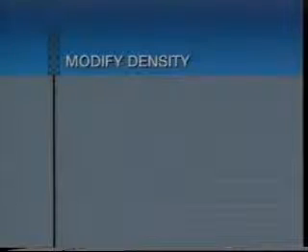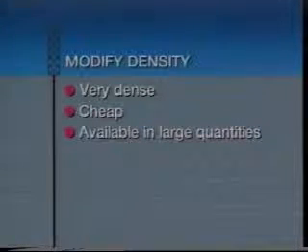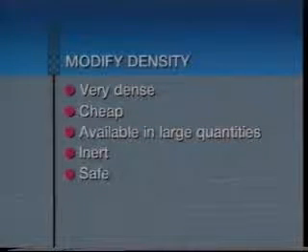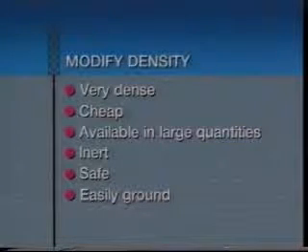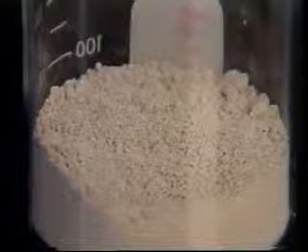Any substance denser than water itself may be added to increase fluid density. However, the ideal density modifier should be very dense, cheap, available in large quantities, inert and environmentally safe, easily ground into fine particles, and relatively non-abrasive. The substance which fits this description best is a mineral, barium sulfate, commonly known as barite.